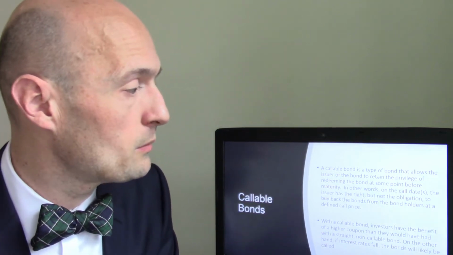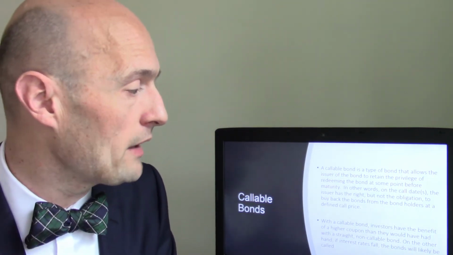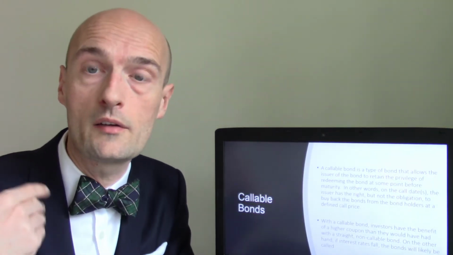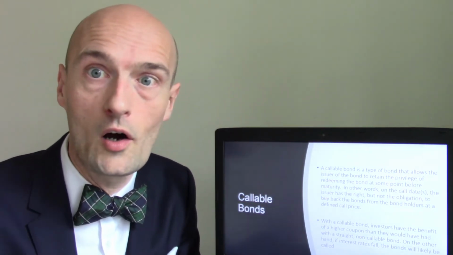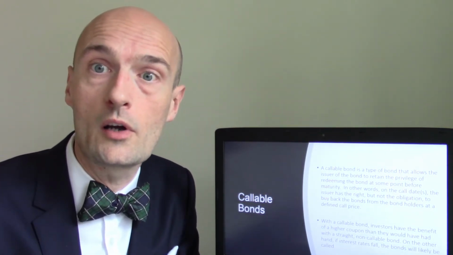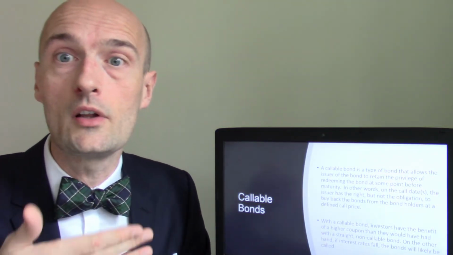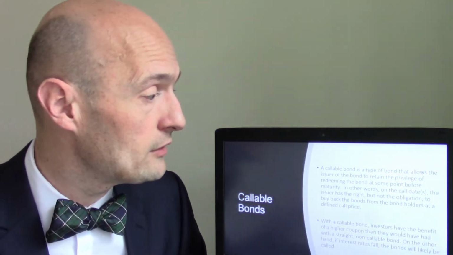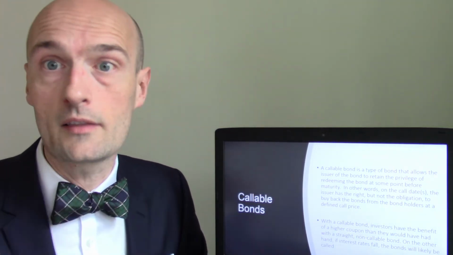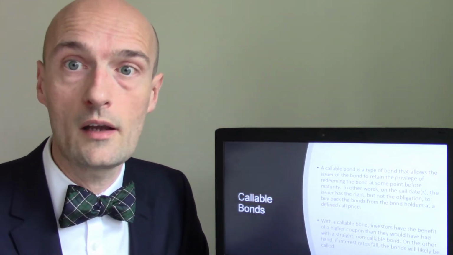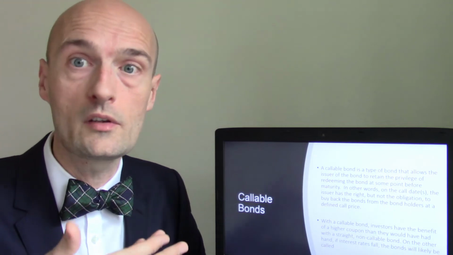So with a callable bond, investors have the benefit of a higher coupon, right? Because no one's going to give you this call option for free. If you're issuing a callable bond, you'll have to pay a higher rate of interest on that. And so that makes it attractive to an investor who's buying the bond.